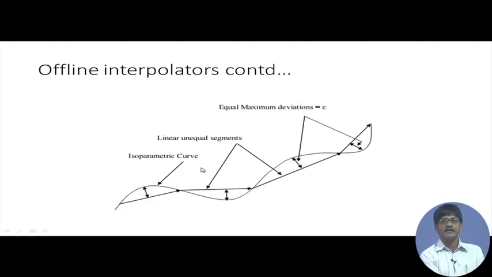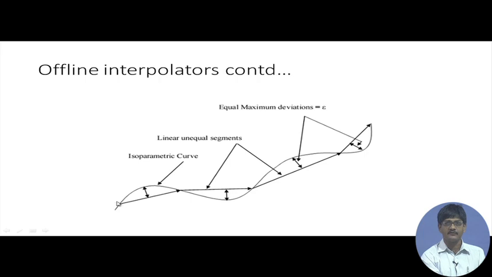Yes, this curvilinear path, this is the path which should ideally be taken by the cutter. It is a parametric curve. So, this particular parametric curve is our goal. The tool should be moving along this particular path, but as the tool can only move in straight lines, it is moving like this.